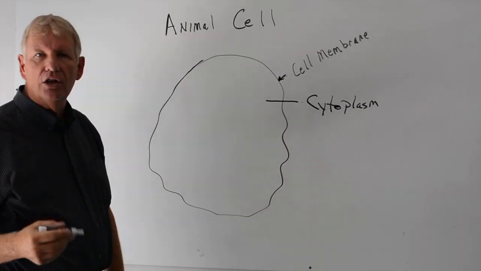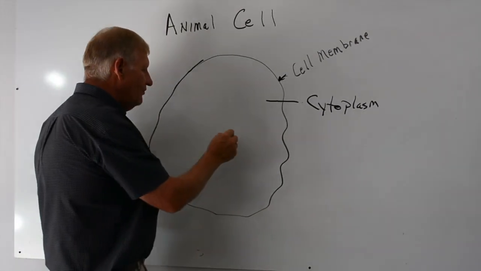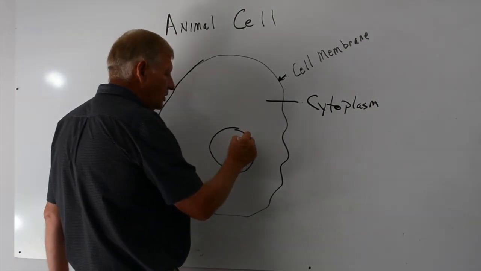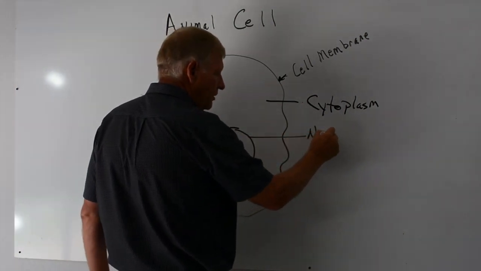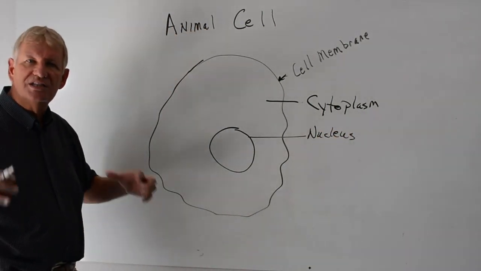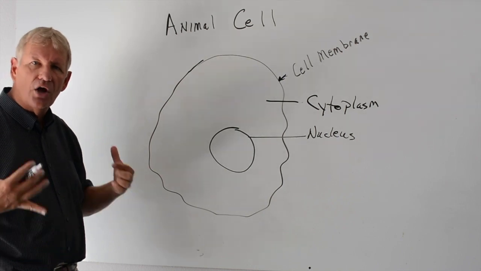Then we're going to look at a couple of things here. We have the nucleus of the cell. Now it's kind of interesting because the Latin word nucleus means the center, the core, the heart of it.